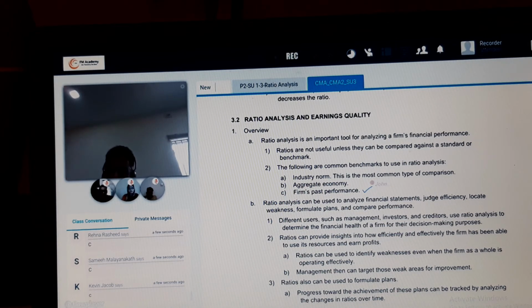And then you can compare that with the aggregate economy. Say, for example, return on assets is 15%. That means you are getting a 15% return on the capital employed.